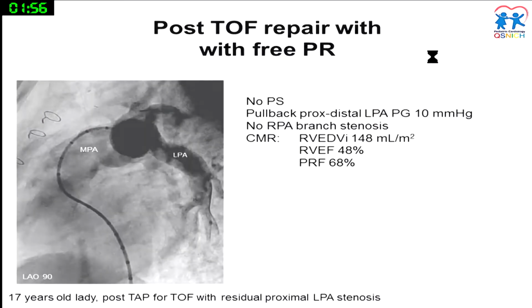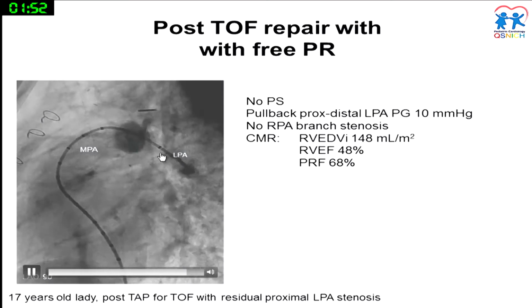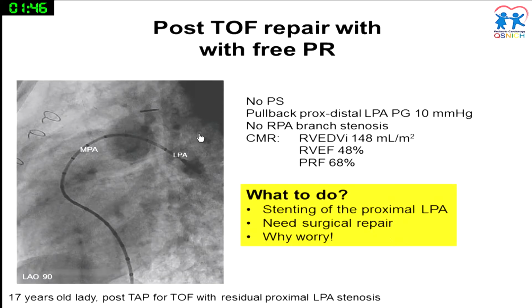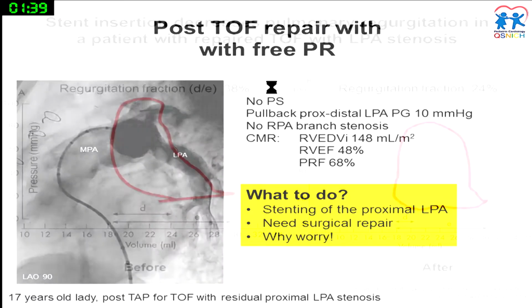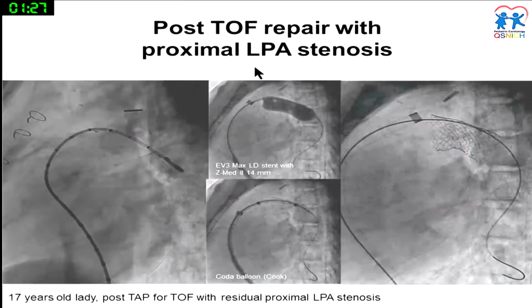How about post-repair congenital heart disease? As you may know, LPA stenosis is quite common, especially post-repair TOF. You may argue that this is not really a big issue because the flow can go to the right side. But again, there's a very good demonstration that once we tackle the branch stenosis, the regurgitation fraction decreases, and that is the thing that we need to think about.